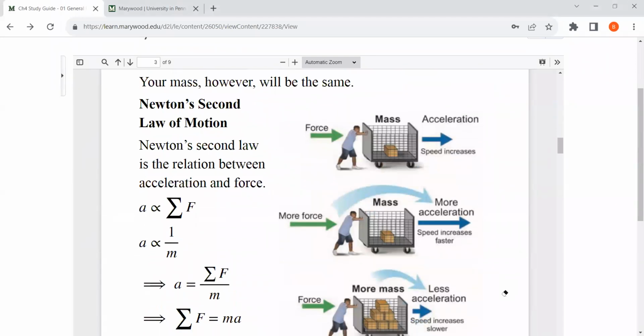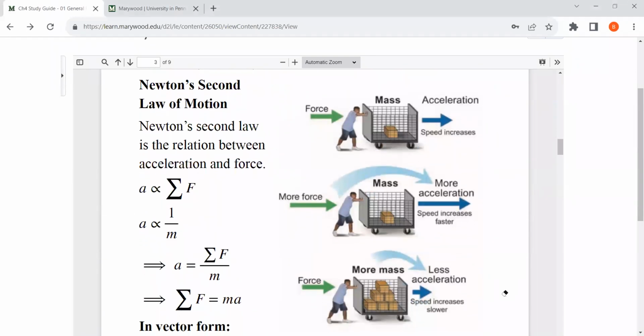To do that, we first need to understand Newton's second law. To get a formal definition of the gravitational force, first we need to understand Newton's second law of motion. Let me recall what the first law is and then come back to the second law.